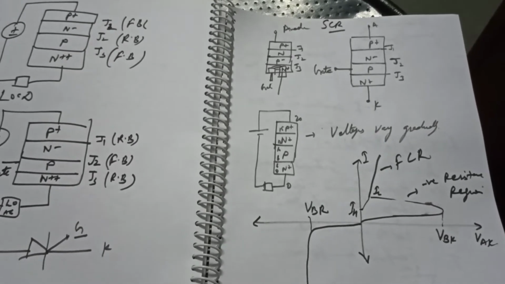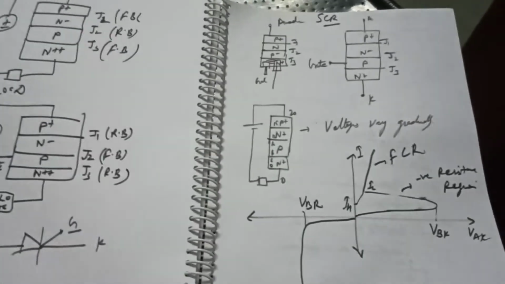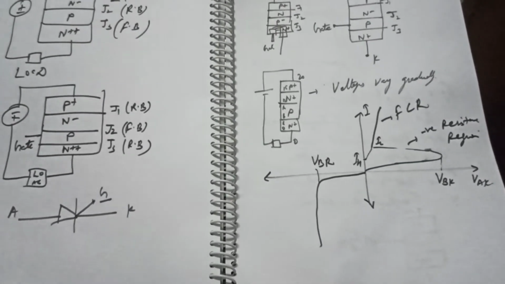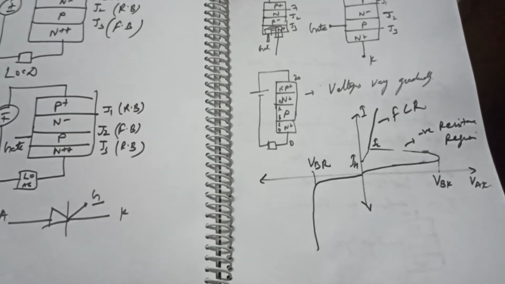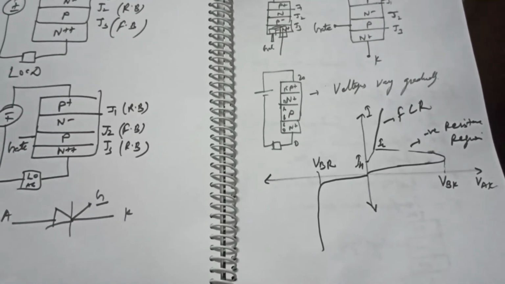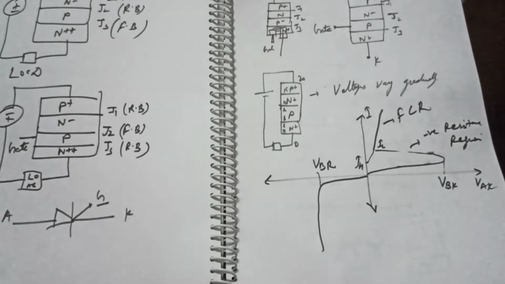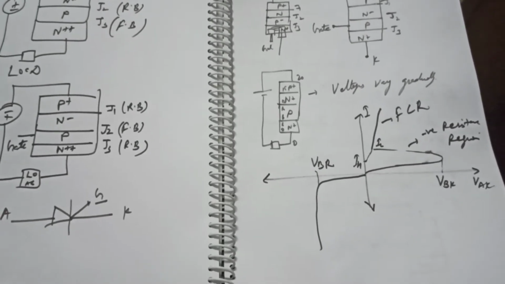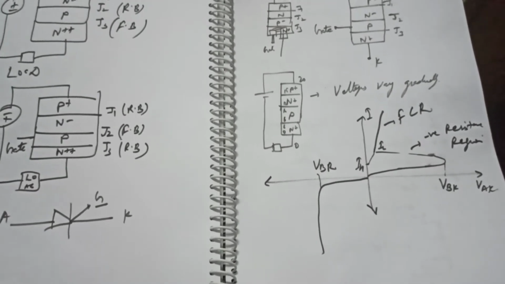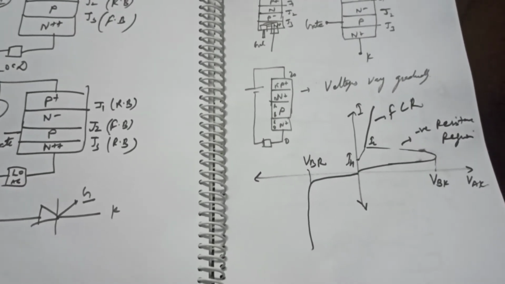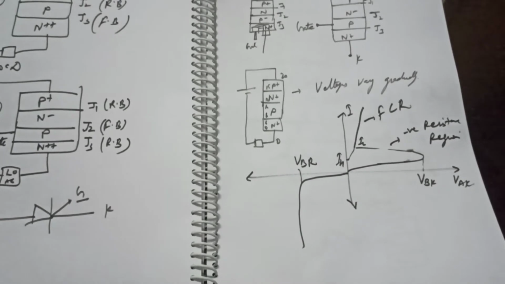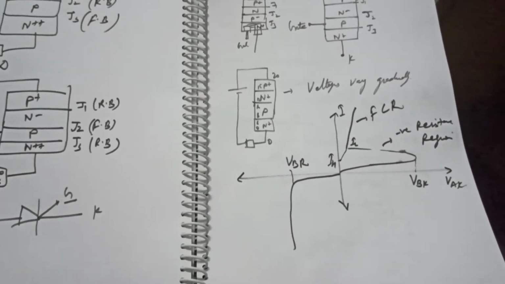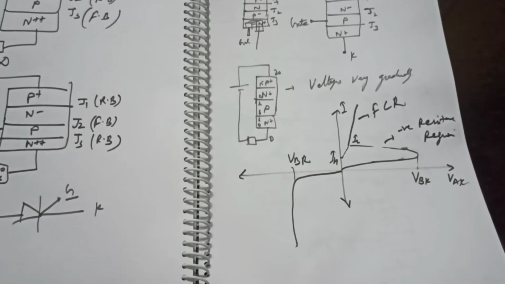They will donate their electrons, so they will become holes, or we can say they will get neutralized. They will form the N minus layer, and the acceptors.